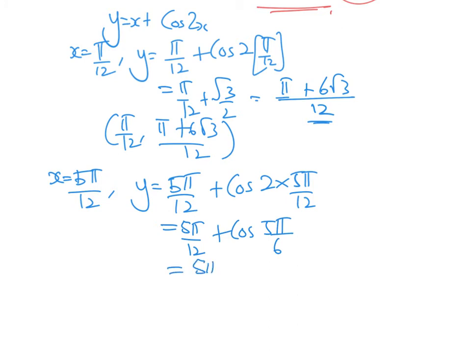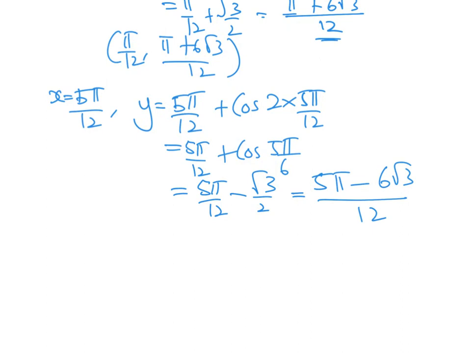That's 150, and cos 150 is negative root 3 over 2, which I can simplify to 5 pi minus 6 root 3 over 12.